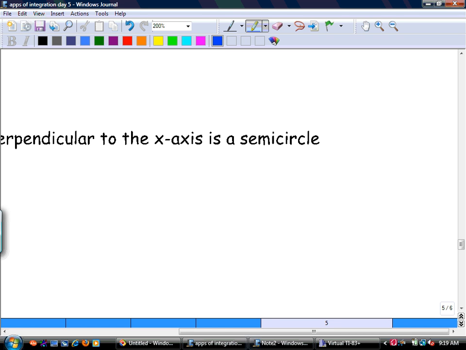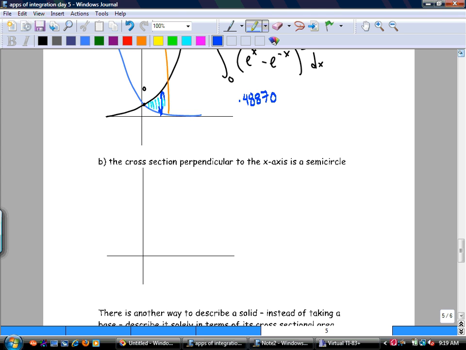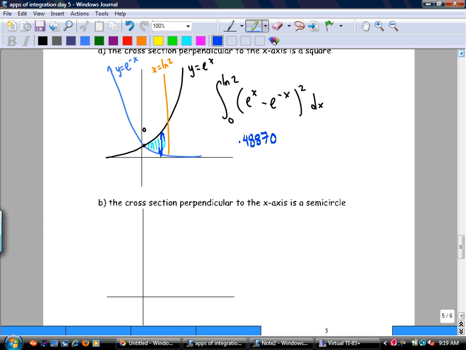That answer of 0.48870 is the volume, not the area. The area under the curve represents the volume of the shape.